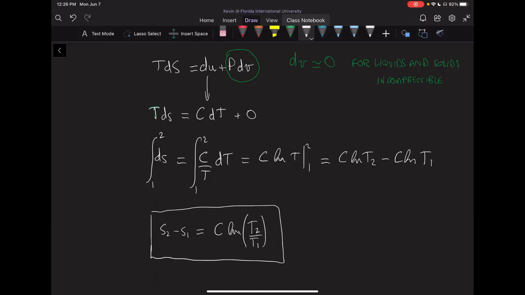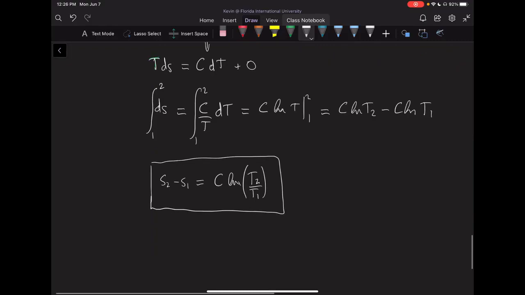So very simple equation to use. If we know the temperature at 1, temperature at 2, and we use C, we can find S2 minus S1. Now this C, remember, is C average. So it's the average between temperature 1 and temperature 2. And you can find C average in table A3.